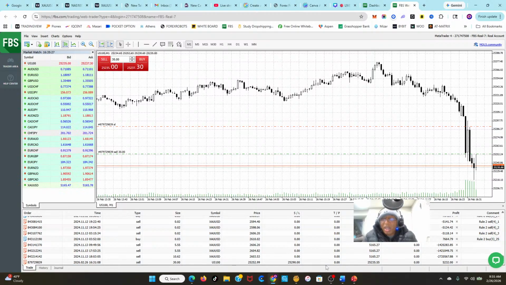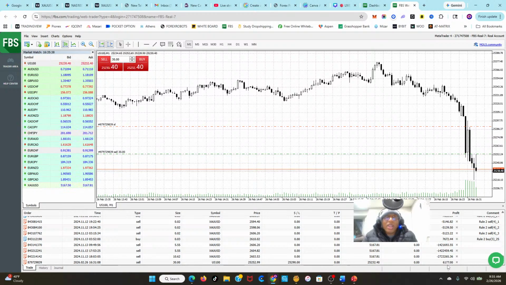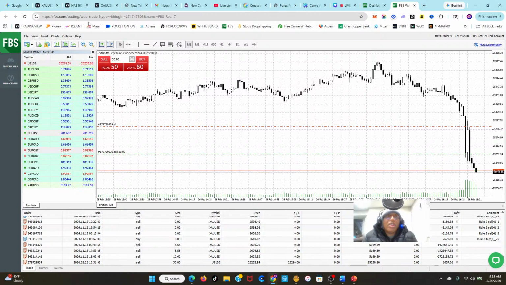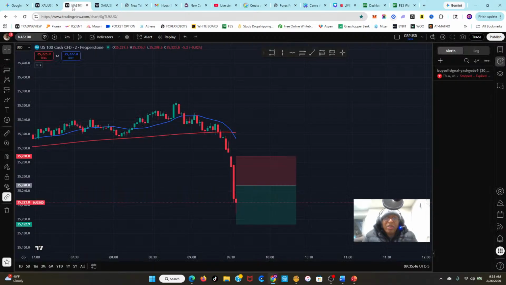Right now it's up $46, $47. This chart here is 1 minute, but I use Trading View to take care of those. Trading View is 2 minutes.